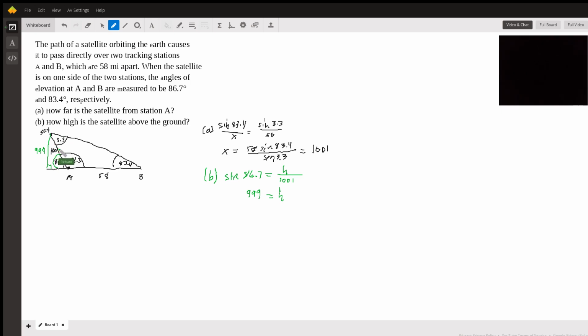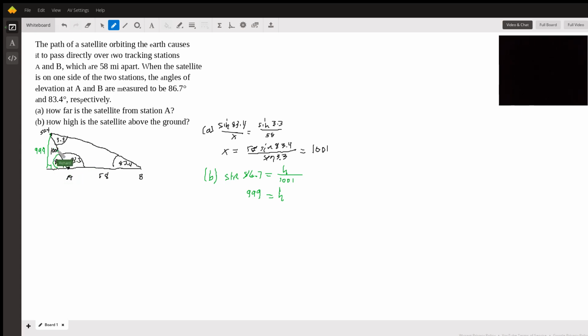So this hypotenuse is 1,001, and this height is almost as long as the hypotenuse, but not quite as long. So we haven't violated the rules of right triangles, where we know the hypotenuse has to be bigger than either of the legs. My guess is the satellite's really, really close.